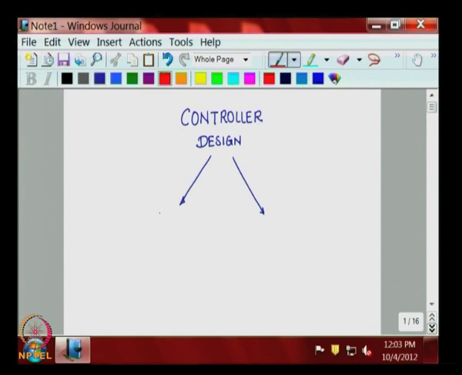One is by tuning the controller directly on the system, which could be a hardware platform or it could be a simulation platform.